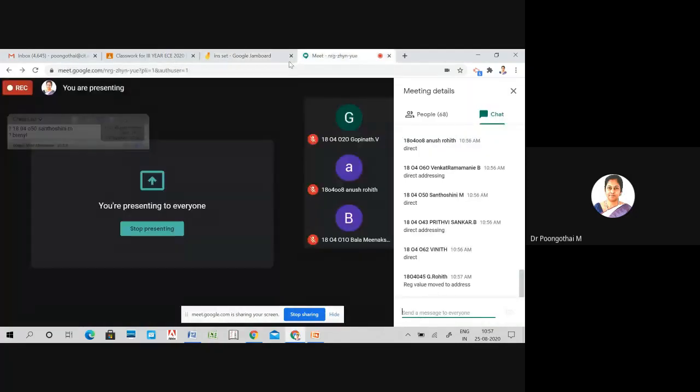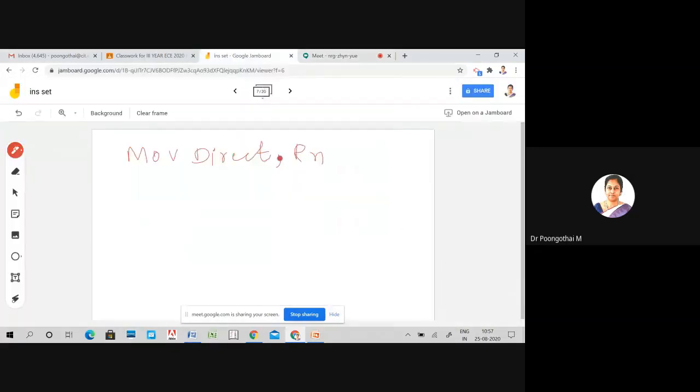Yes. So this instruction is used to move the content of Rn to the internal RAM memory address specified in the instruction. Example, MOV 51H, R0. Direct addressing mode. It takes 2 bytes of program memory and 2 machine cycles.